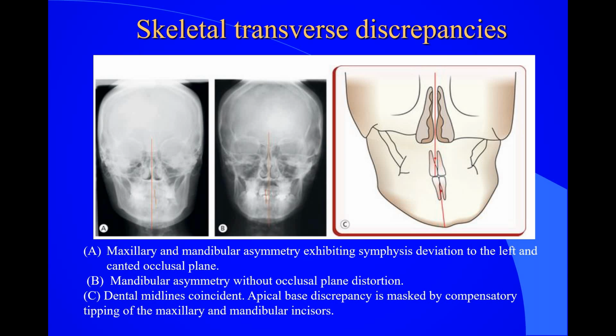Skeletal transverse discrepancies. Transverse skeletal discrepancies may involve either the maxilla or the mandible or a combination of both.